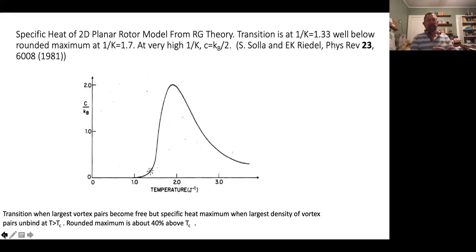But if you could do it, it would look something like this. And the non-analytic behavior at the phase transition is just some unobservable essential singularity in temperature. And so I guess that's the end of the 3 lectures.